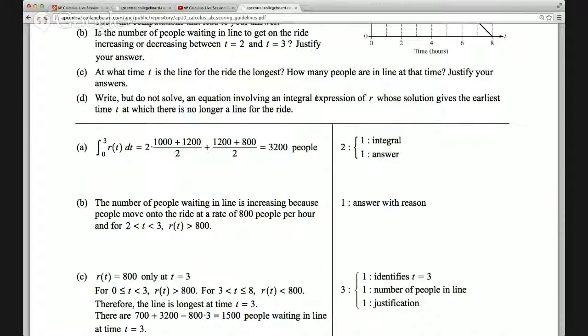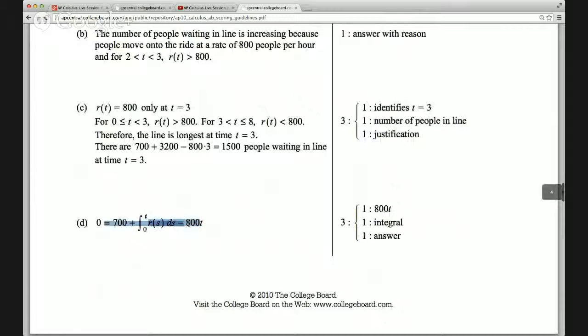No, it does say integral expression, not an equation involving an integral expression. I think you could leave it, though I don't know for sure. I've never been a reader on AP tests, so I don't know if they're that picky about these things or not. But I think it would be okay to leave 800t equals 700 plus the integral from 0 to t of r of s ds.